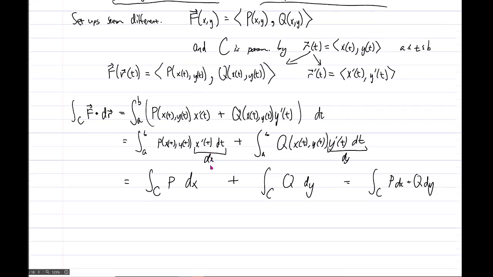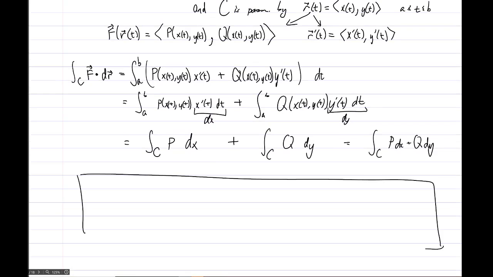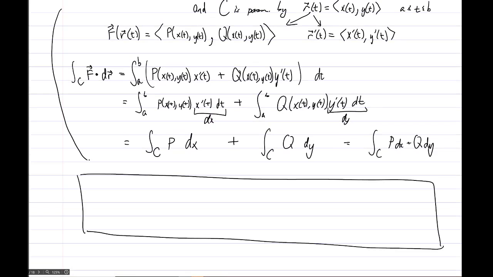Now, we have built in all the connections and we've done all the work, but just as a summary, let's write down what happens. So this is all the proof of it, but what really happens in the end is if you have a vector field capital F defined by two scalar functions P and Q. Those are the components, right? The components of a vector field are actually scalar functions or scalar fields.